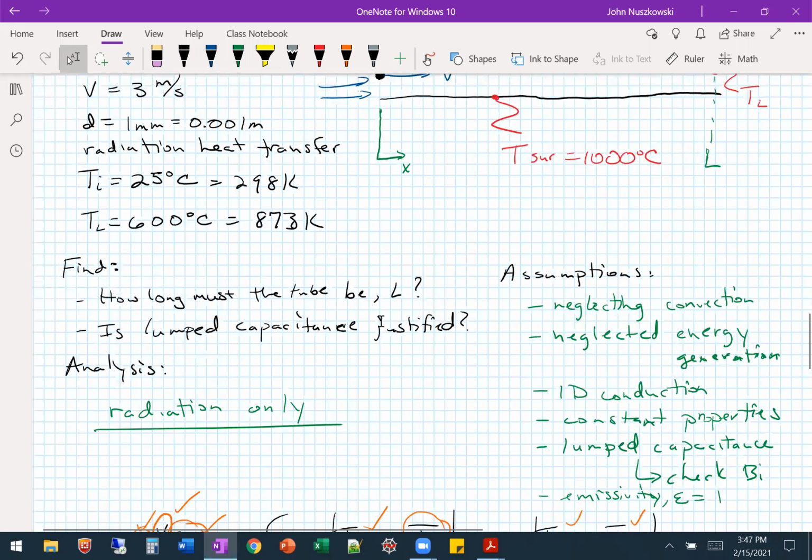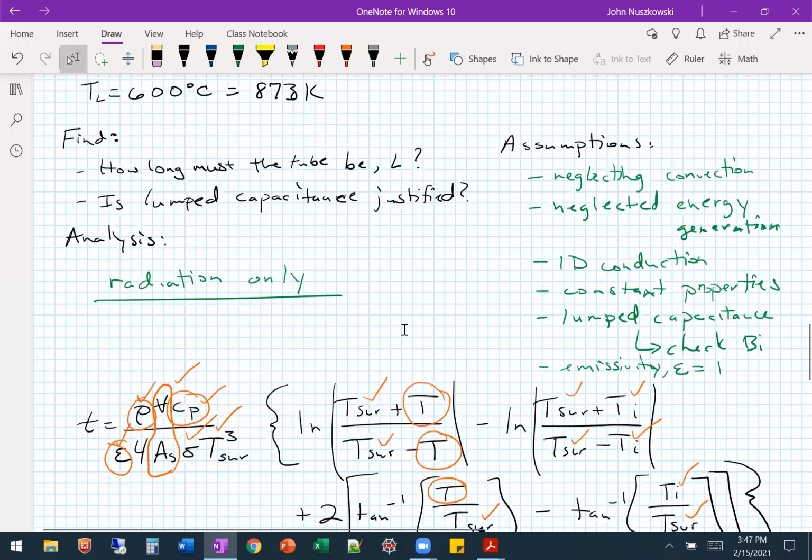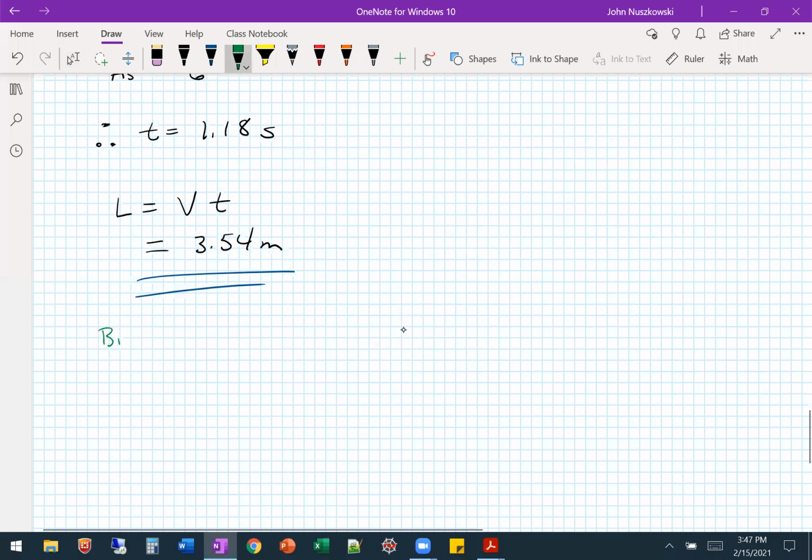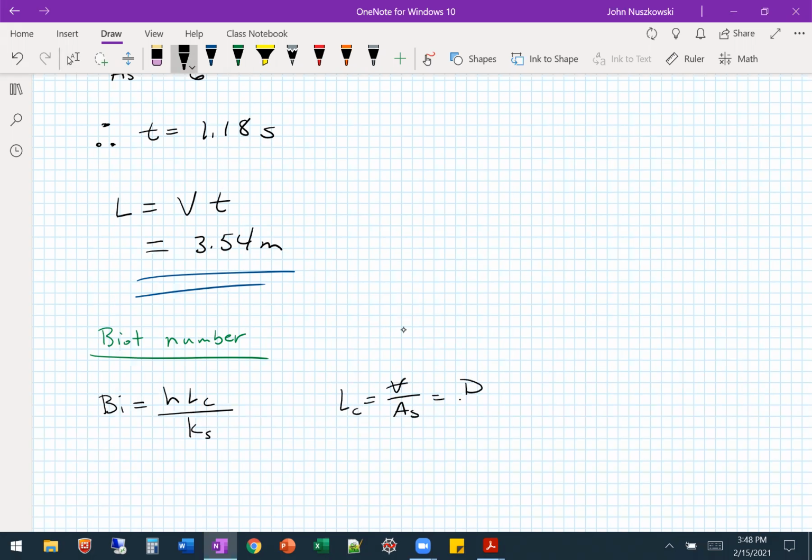And then, is lumped capacitance justified? What do we got to do for that? The Biot number. Yeah, so we got to look at our Biot number. So characteristic length, volume over surface area, and we already did that one.